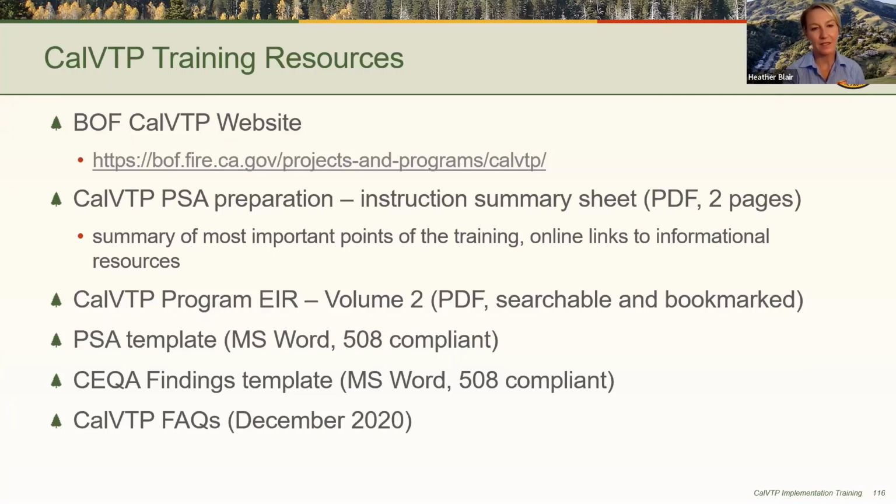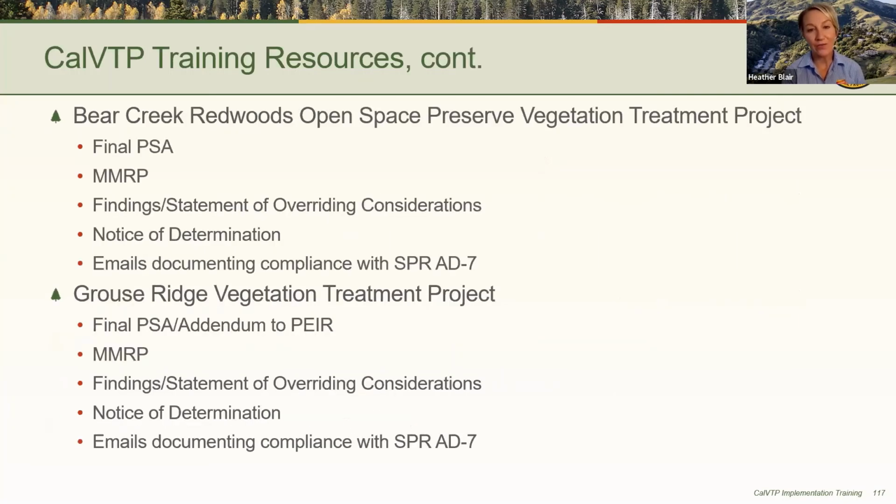Next slide. And also all of the documents that are associated with the 2 example projects. The documents for each are listed here. We've also posted the tribal communication and coordination letters for each project too.